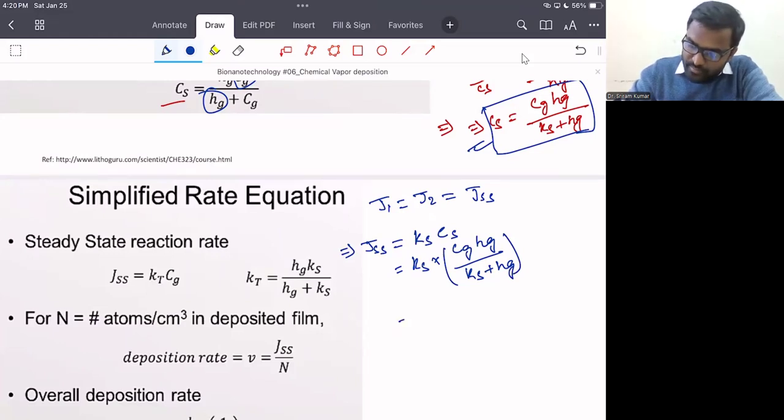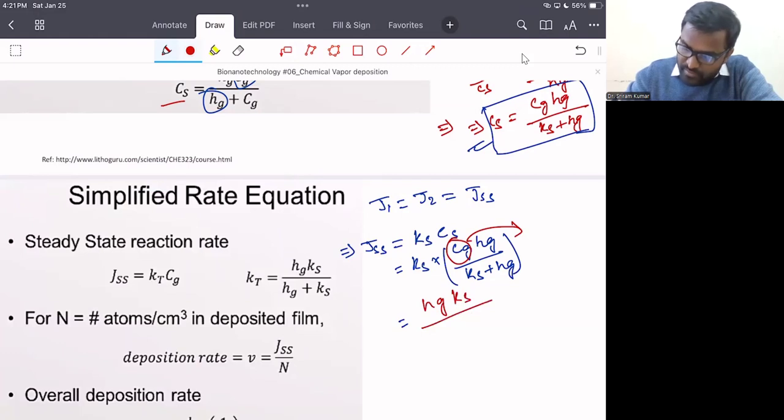So now let's put some equivalent point here. Now here, if we take out this one, Cs outside, so what happens? We will have Hg Ks upon Ks plus Hg, and that is multiplied by the Cg.